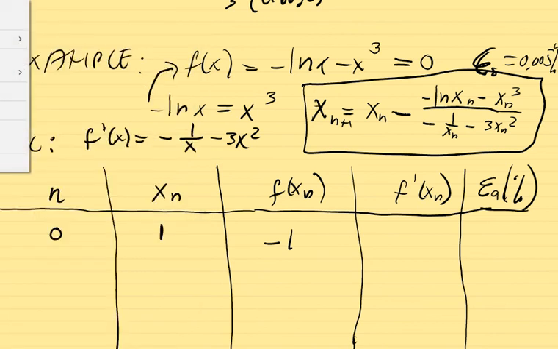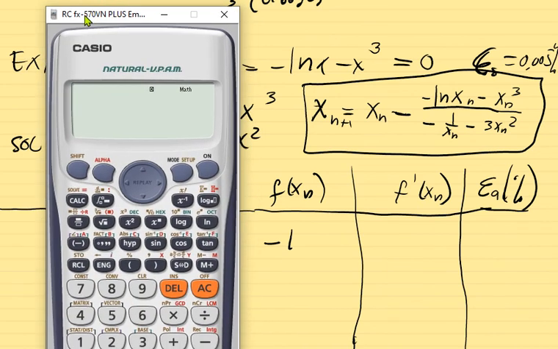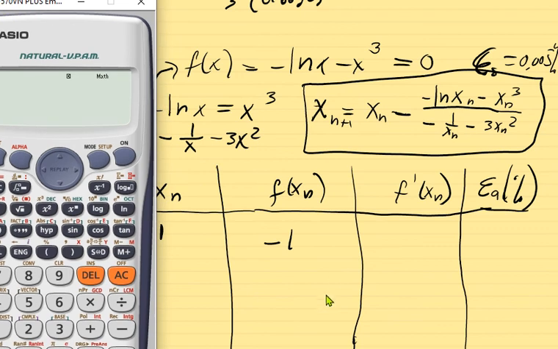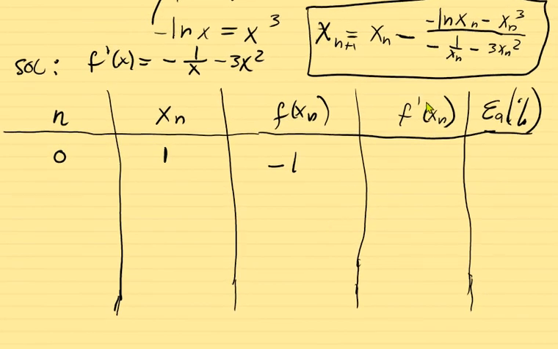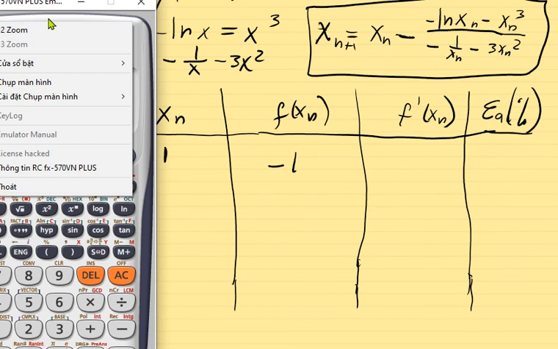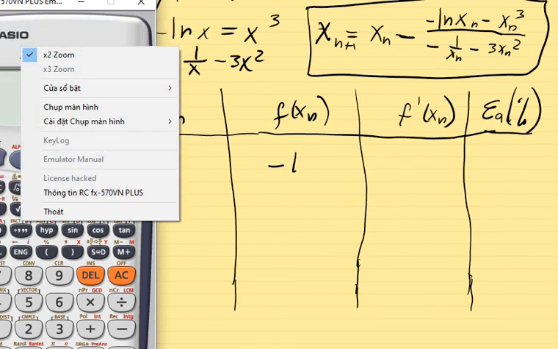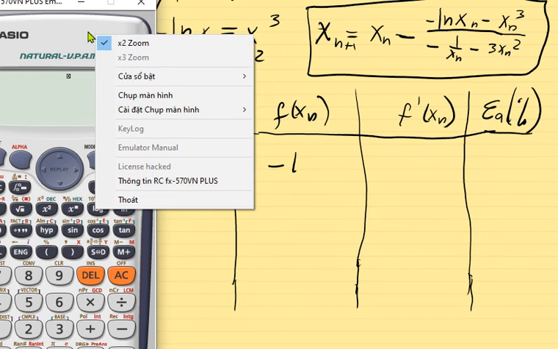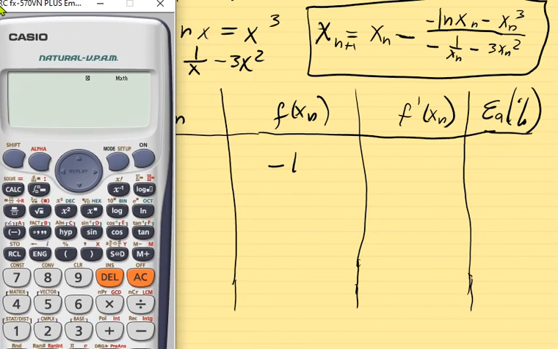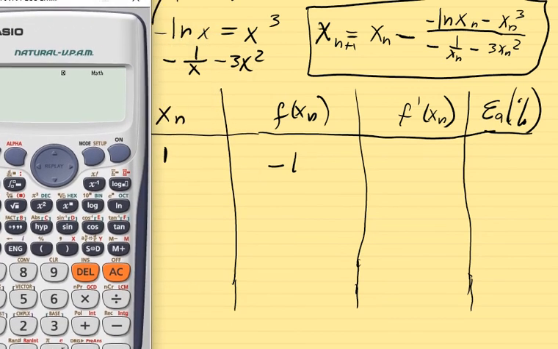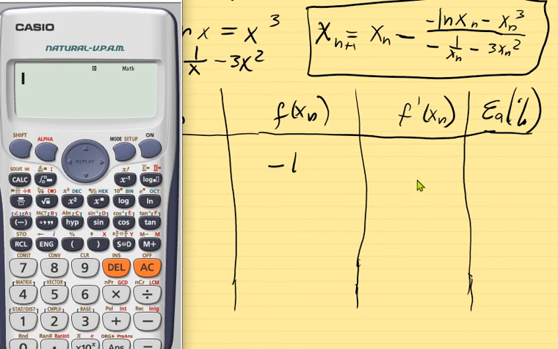Because we are using the table, we can rather indicate the values of f prime x and f of xn. We need to compute them individually because it's in the table, instead of doing it directly. So we take first f of xn, then second f prime x.